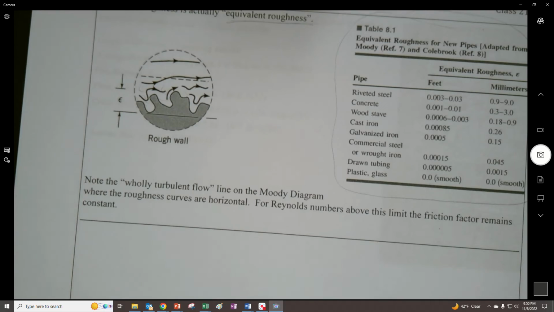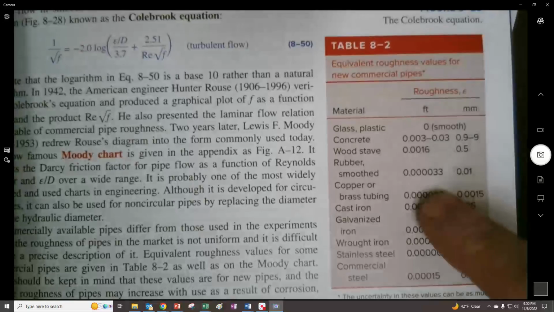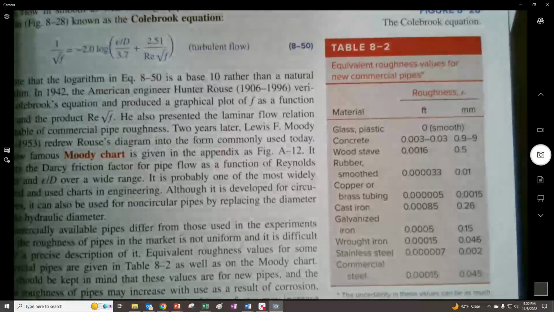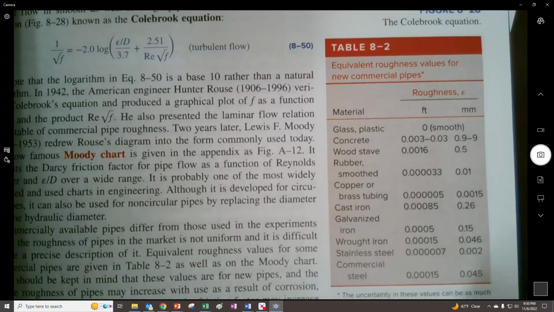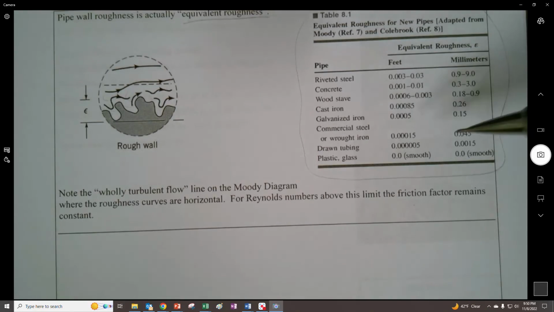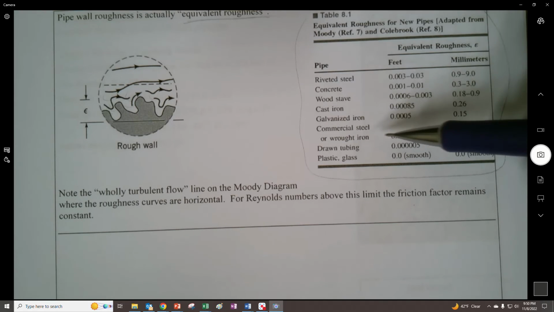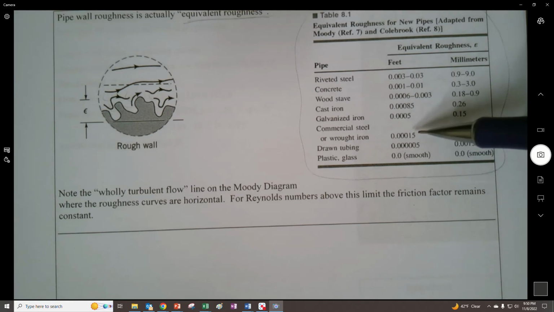There you go. Here in your book are the equivalent roughness values for commercial pipes. There's some amount of deviation between these, so I would point that out to you. But a lot of times we're just going to use commercial steel pipe and use this value right here.